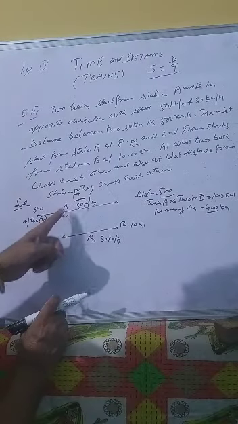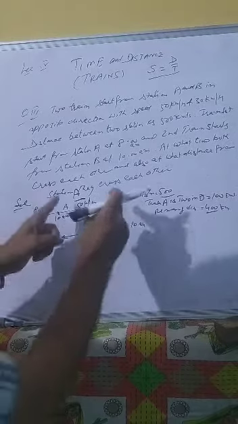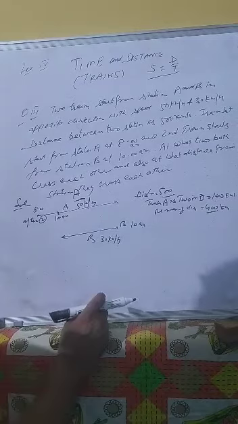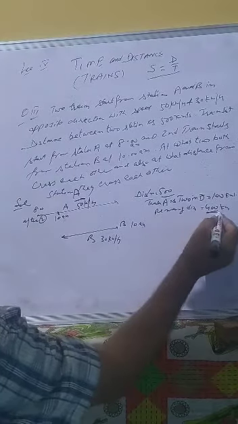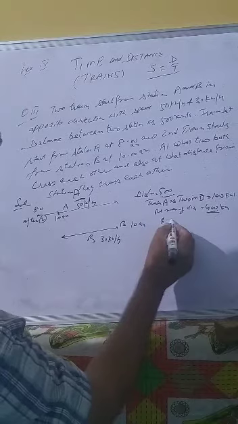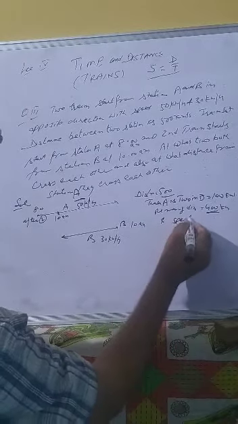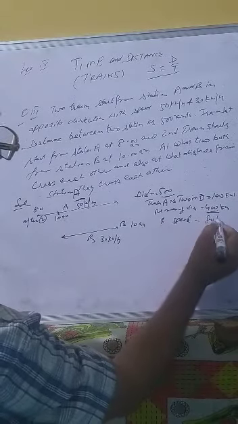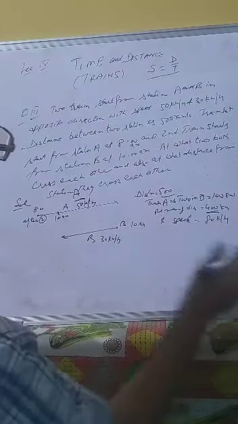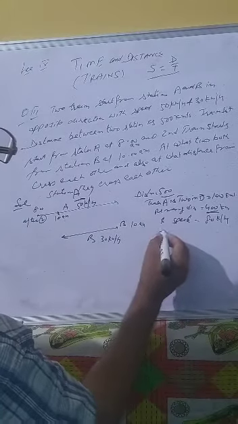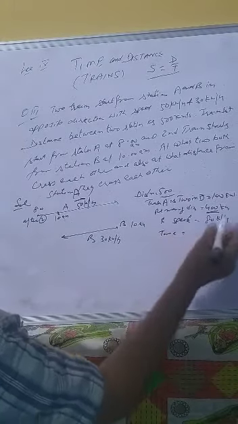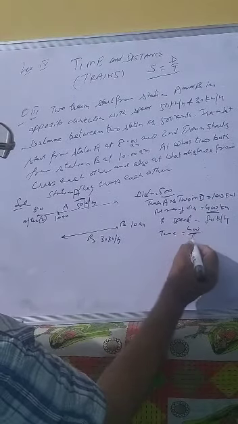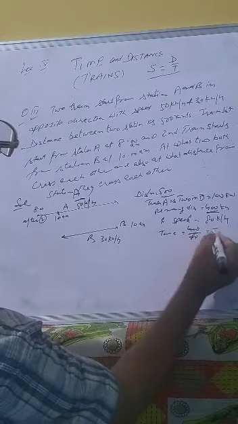Now train A is here, train B is here, the distance is 400 kilometers, and their speed is this. We can now calculate the time. Here the distance is this, and the relative speed is equal to this plus this, it is 80 kilometers per hour. Now what is time? Time will be distance over speed, 400 by 80, it is 5 hours.